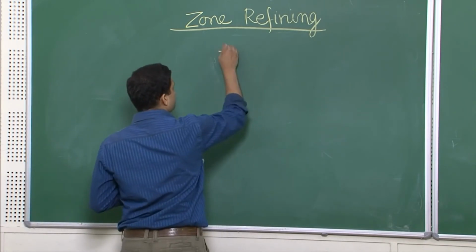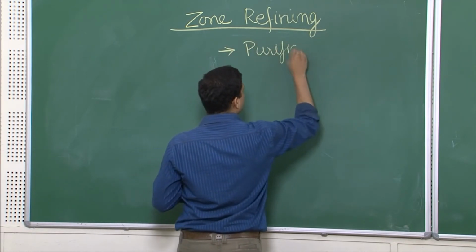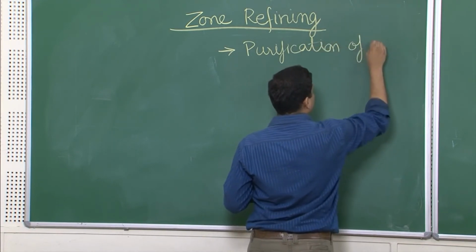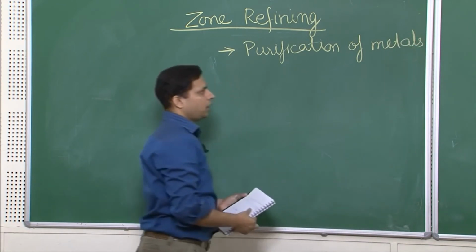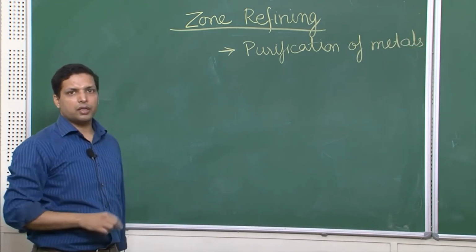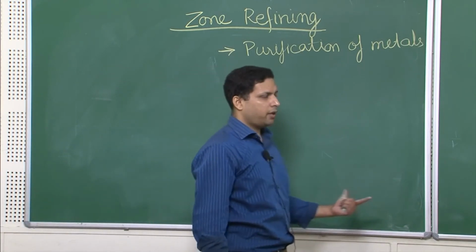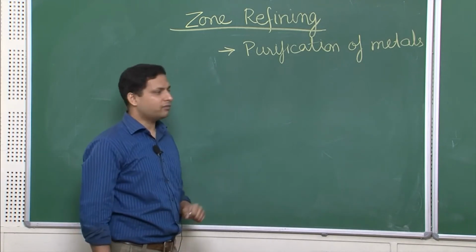The purpose is purification of metals. See, it is different from others. In the earlier case, the purpose was to grow single crystals. That is why we were using plane front solidification. But here the purpose is purification of metals.